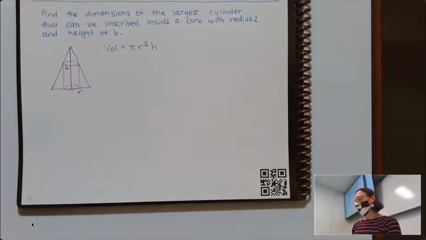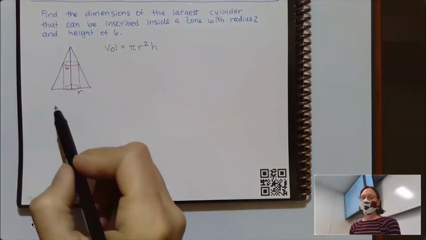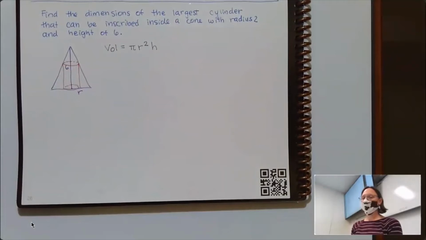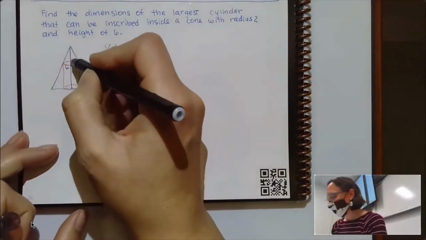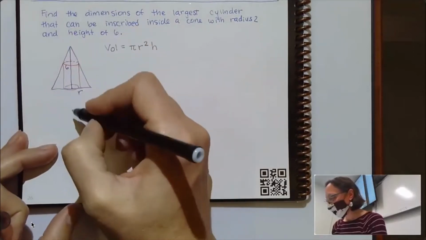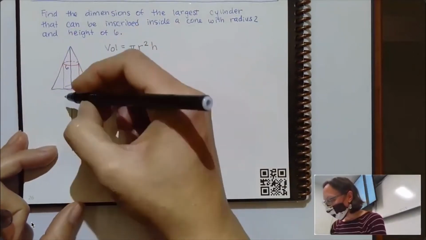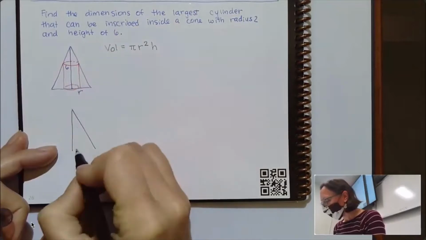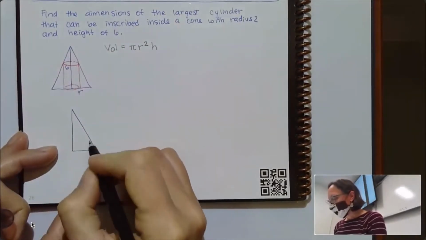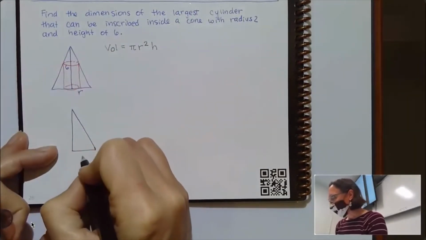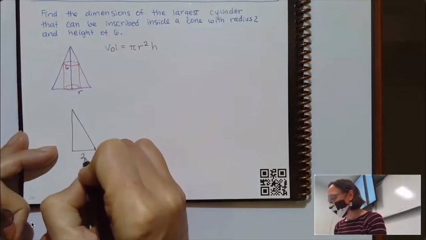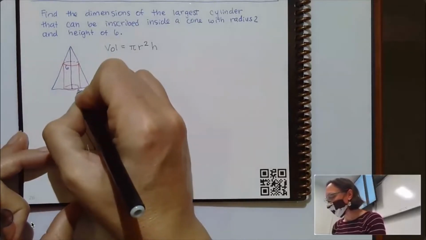In order to know something else, I'm going to take this picture as it's drawn and simplify it down a little bit. I'm just going to look at half of it. On that half, our cone had a radius of 2. I don't know why I wrote it as an R up there.